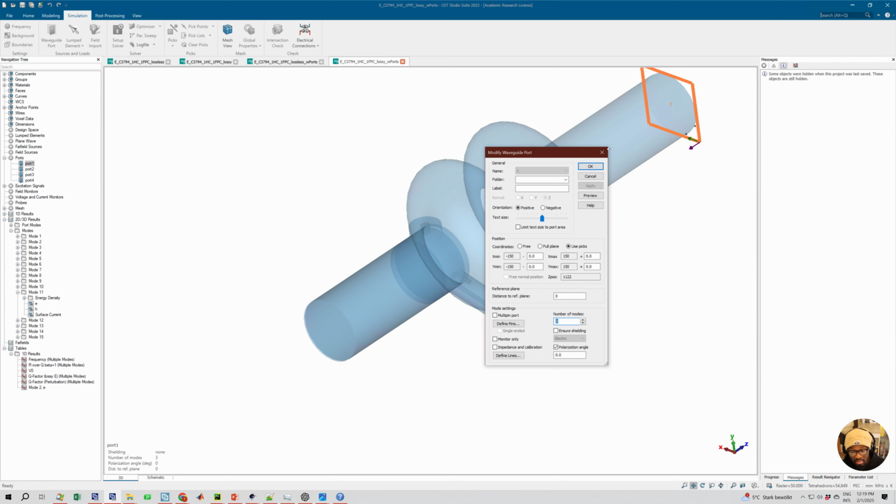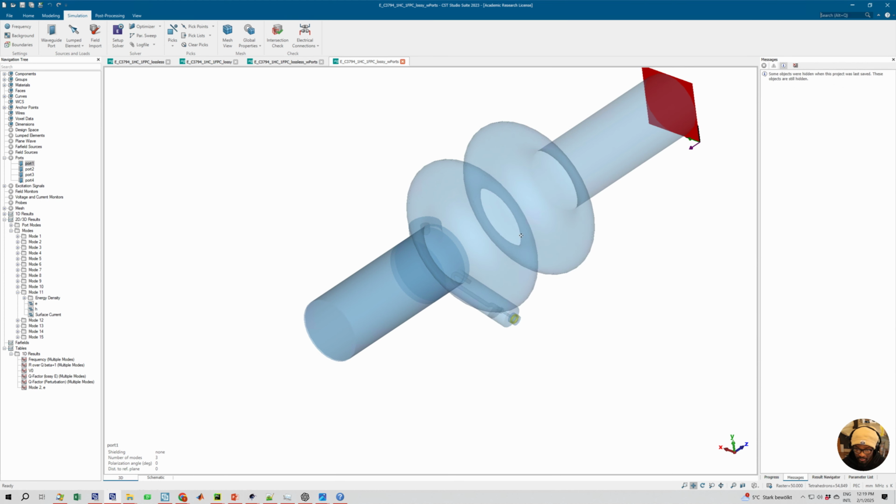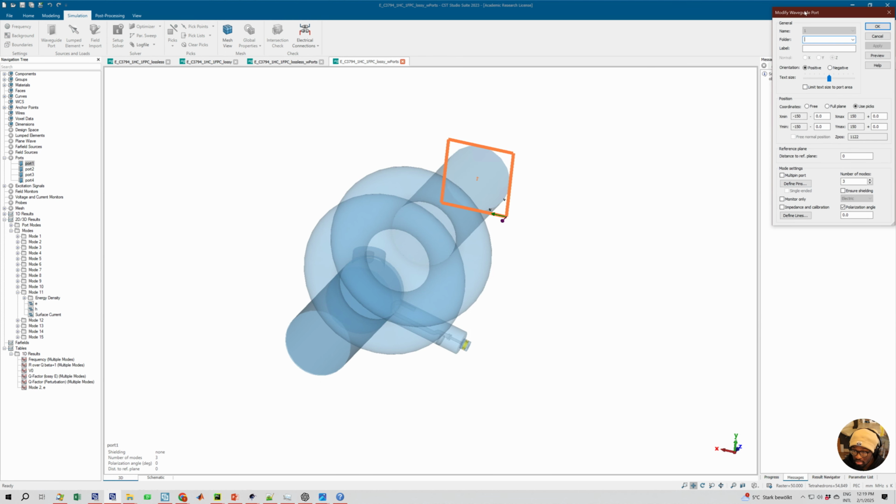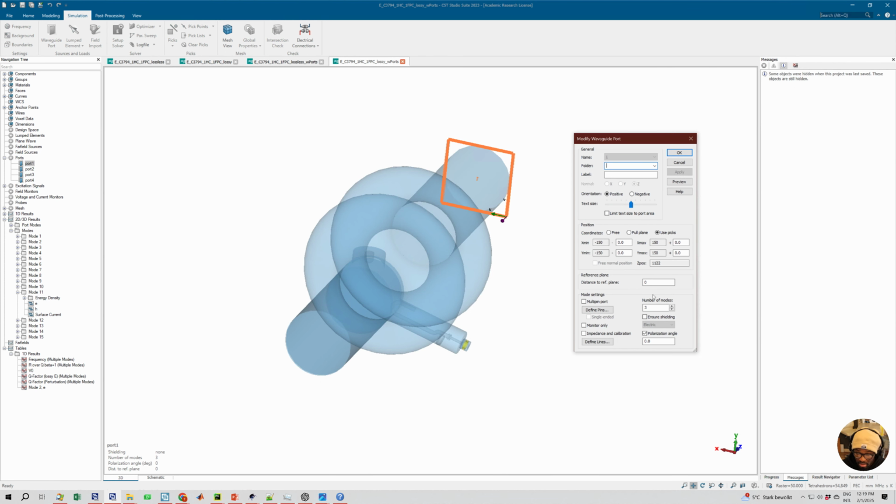the number of modes to capture the power, because if you do not consider enough modes, for example, let's say you only consider two port modes, then the first two port modes would be TE11 and TE11, and you wouldn't have any component of your TM010 mode.